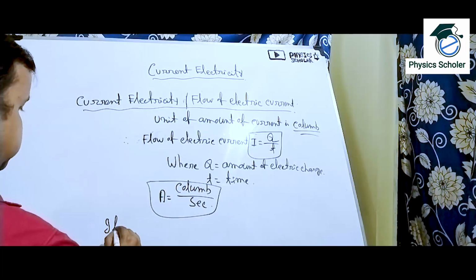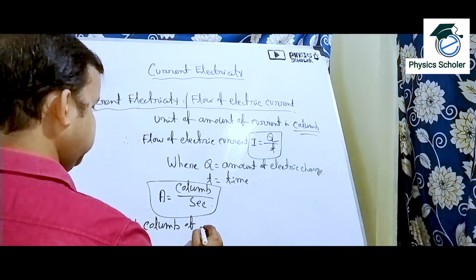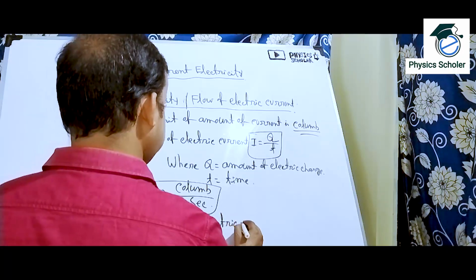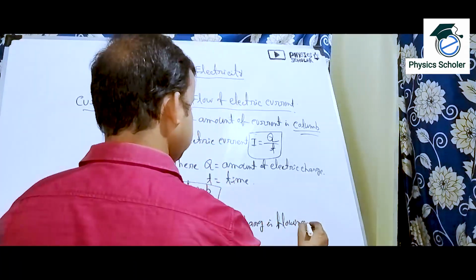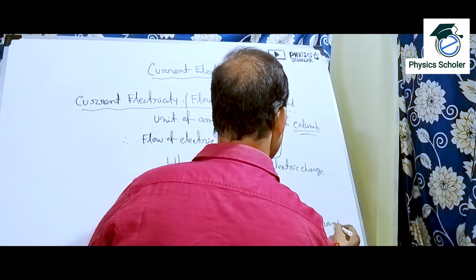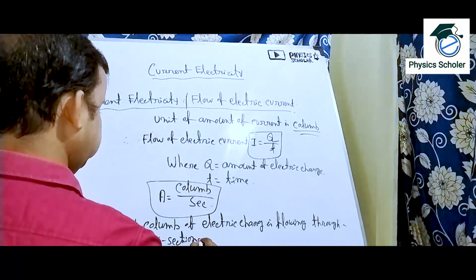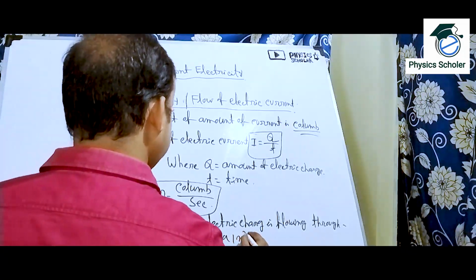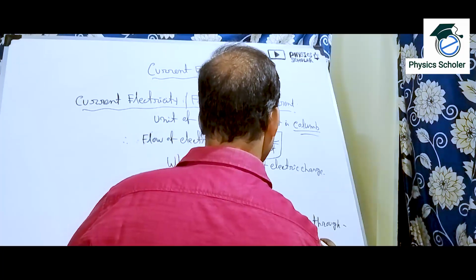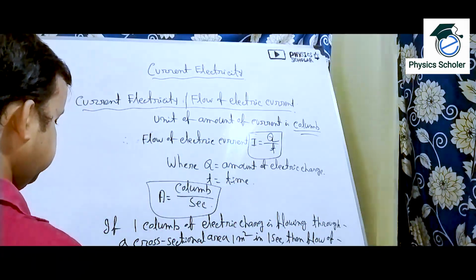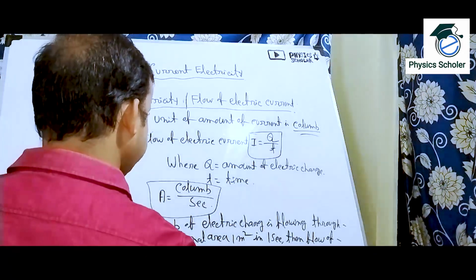So that means if 1 Coulomb of electric charge is flowing through a cross sectional area of 1 meter square in 1 second, then the flow of electric charge is 1 ampere.